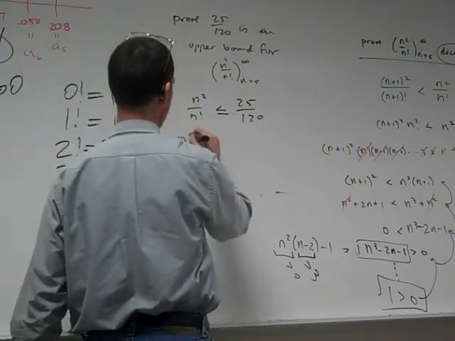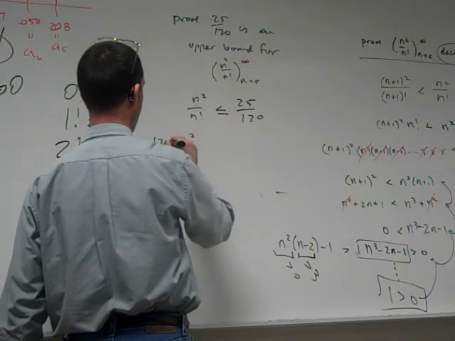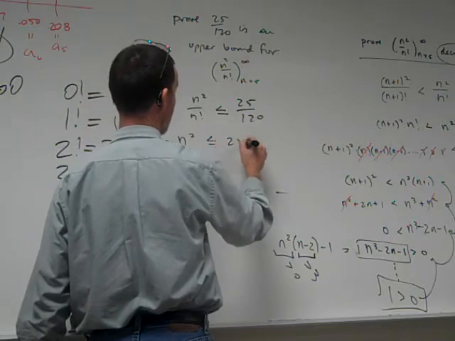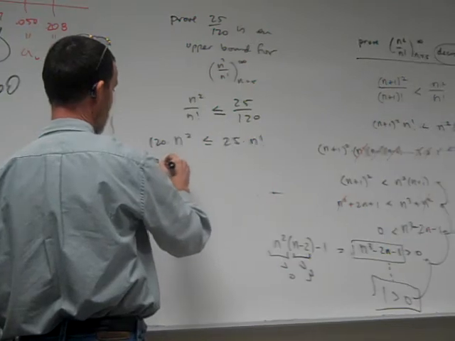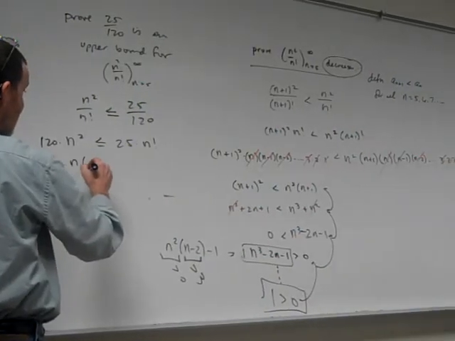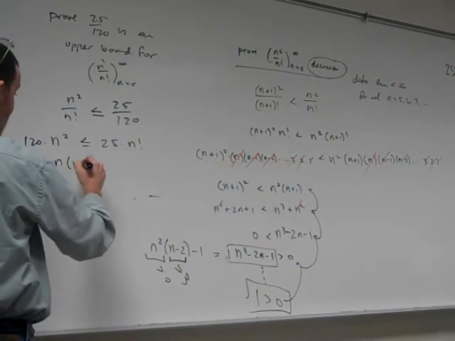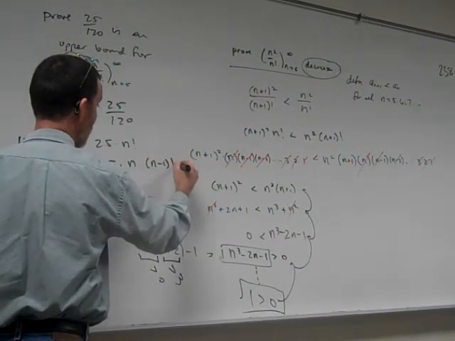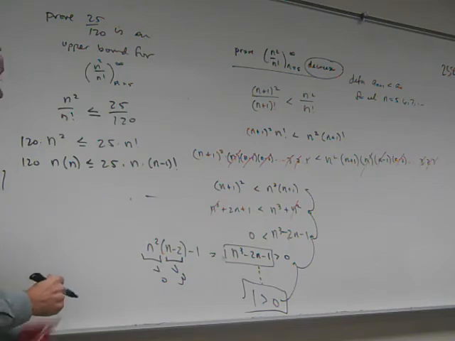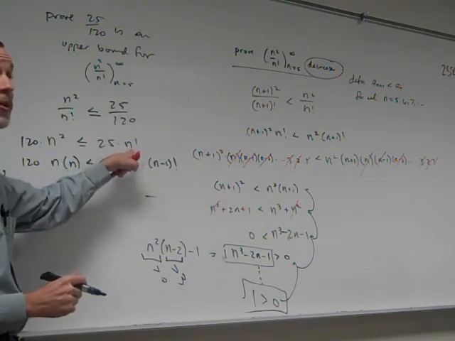So I need to show that 120 times n squared is less than or equal to 25 times n factorial. So I can show 120 times n is less than or equal to 25 times n minus 1 factorial. Right? Little clever trick. I'm pulling an n out of here.